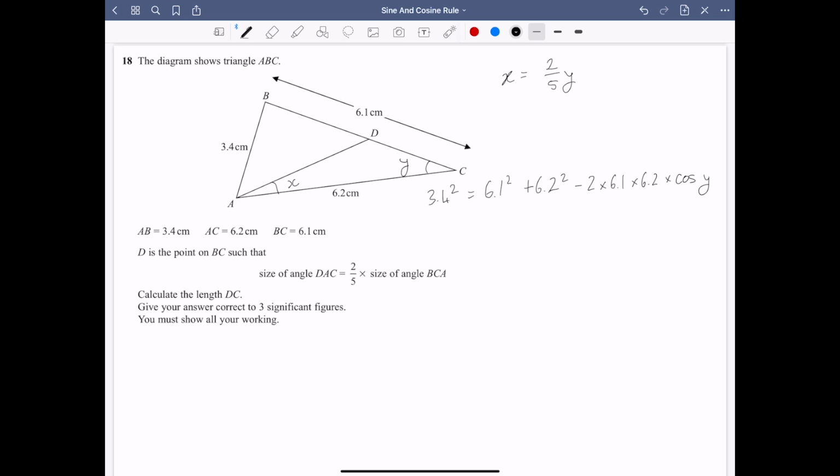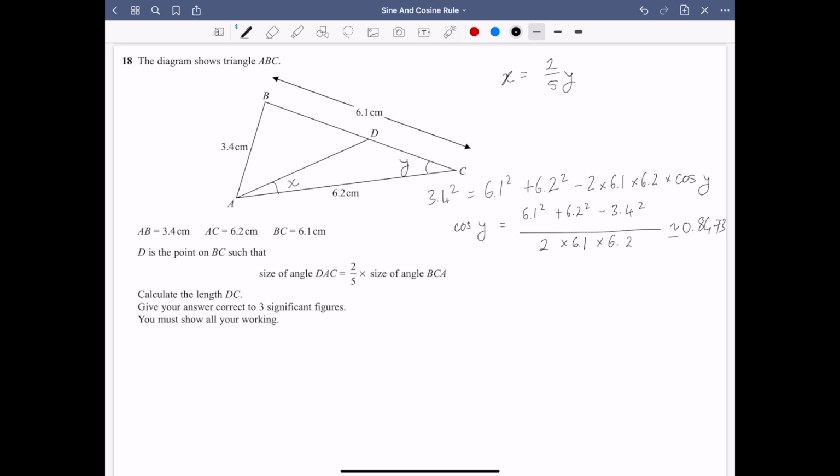So we can rearrange this equation and say that cos of y is equal to 6.1 squared plus 6.2 squared minus 3.4 squared, divided by 2 times 6.1 times 6.2, which is roughly equal to 0.8473. And then we can do the inverse cos of that with our calculator.